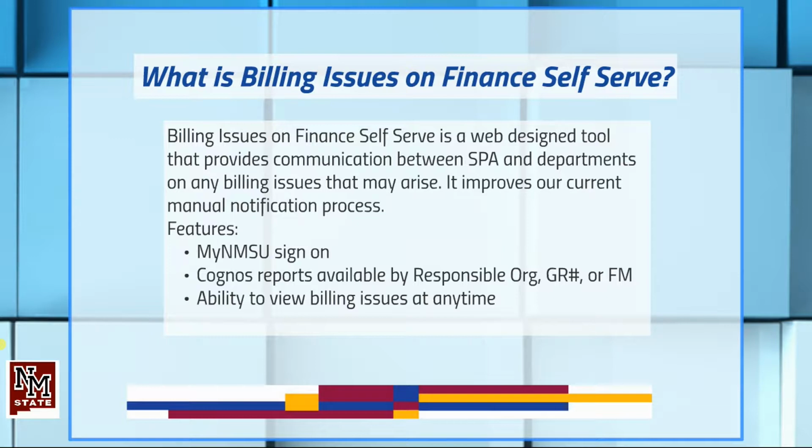As mentioned previously, our manual process consisted of tracking billing issues on an Access database that was refreshed prior to every department meeting to ensure financial information was up to date. Some of the features are My NMSU sign-on, Cognos reports available by responsible org, grant number, or fiscal monitor, and the ability to view billing issues at any time.